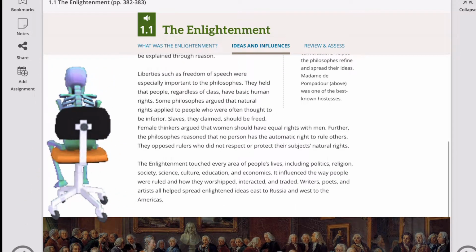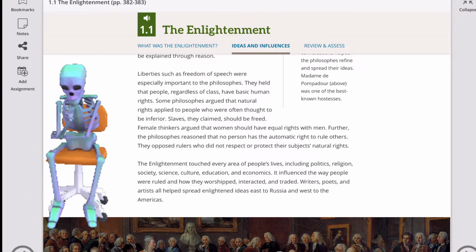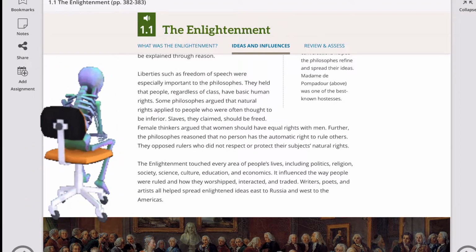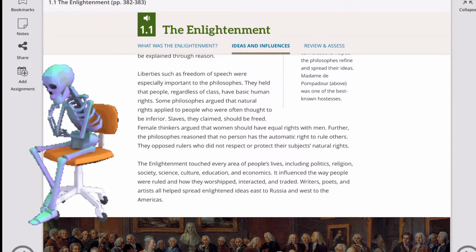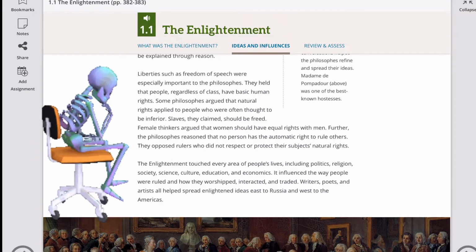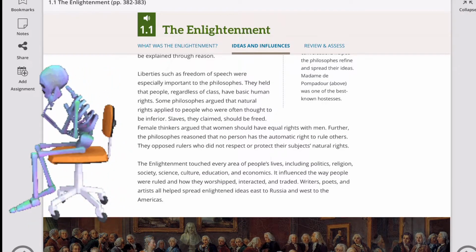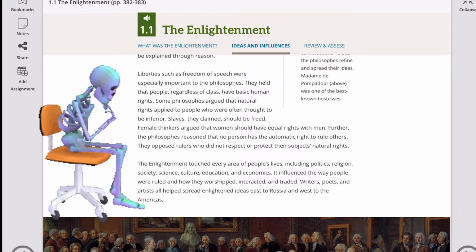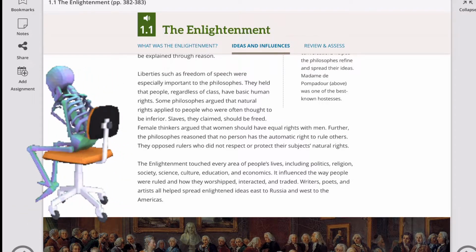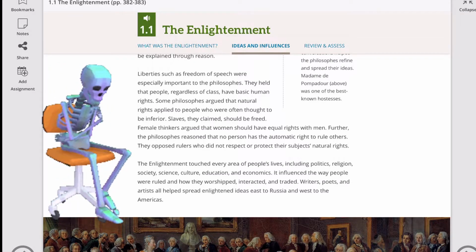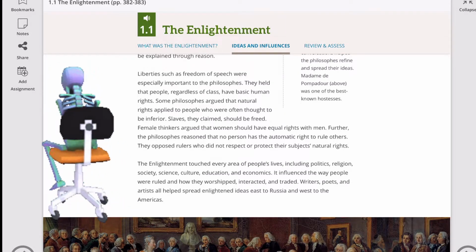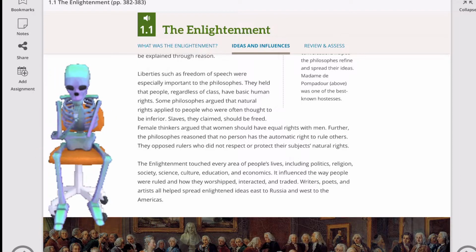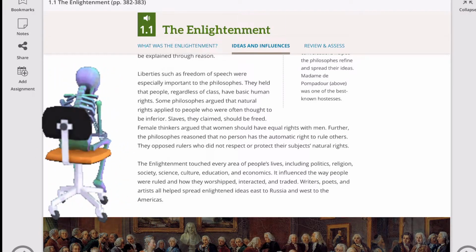This way of thinking extended to natural laws and natural rights, including life, liberty, and property. They are saying that these are just basic things that you will see in nature.